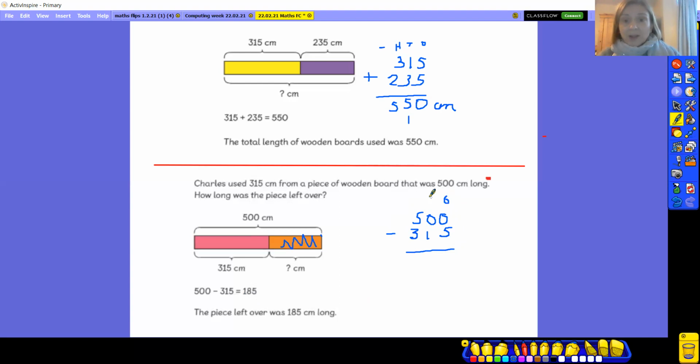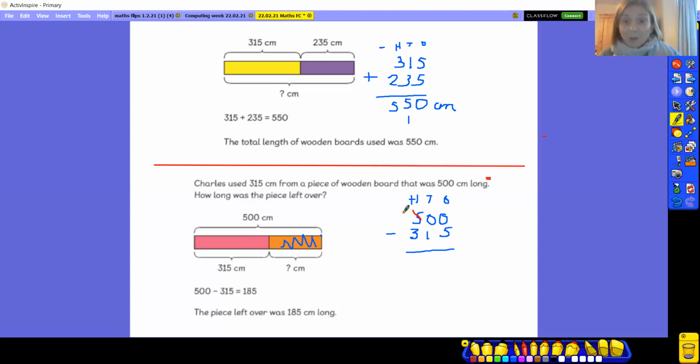So let's look at our ones digit, our tens digit, and that digit is our hundreds digit. So on our ones digit, we've got 0 ones, subtract 5 ones. I don't think we can do that, can we? Okay, so we're going to need to exchange something. So then our tens, we've got 0 tens, subtract 1 ten. Can we do that? No, we haven't got any tens to subtract. So therefore, we are going to have to exchange 100 for 10 tens.